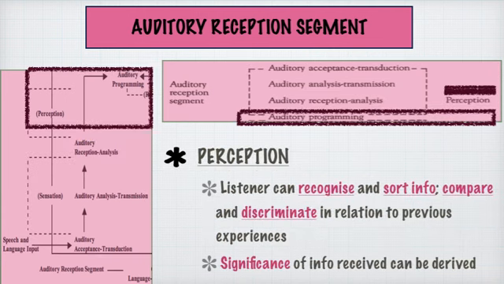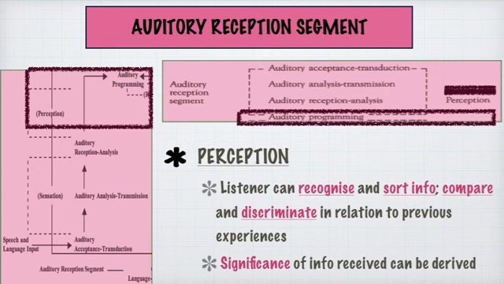Next is perception. So for perception, this is lahi na siya nga behavior correlate. The listener can recognize and sort information, compare and discriminate in relation to previous experiences, because, di ba, na-analyze na siya dito sa atong reception analysis.